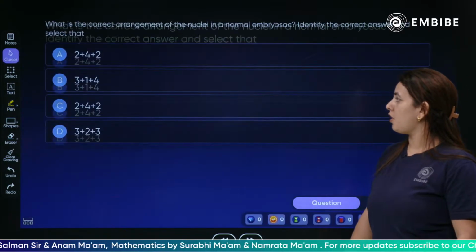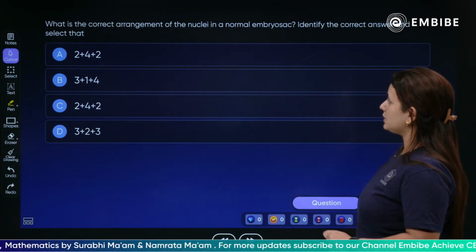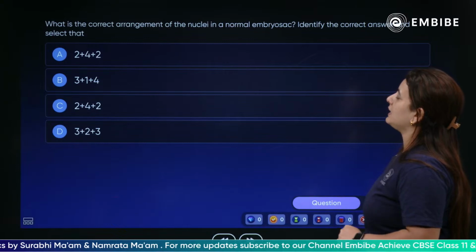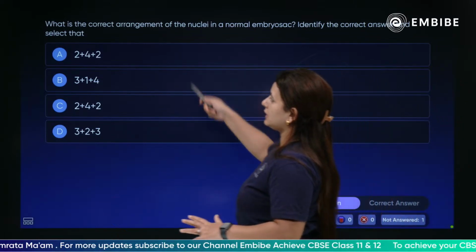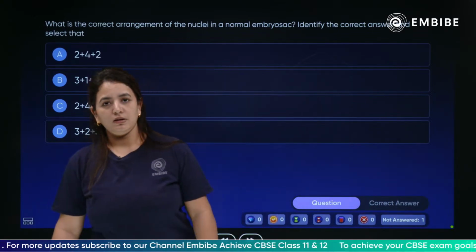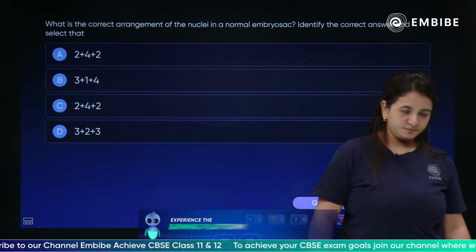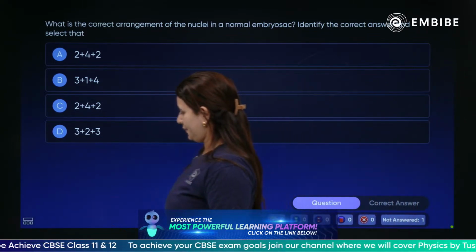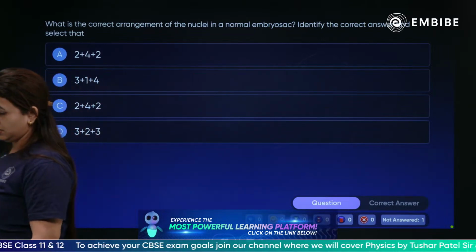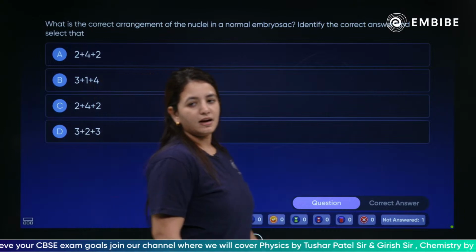Moving forward, children, next we have a question for you, because we have discussed so much. What is the correct arrangement of the nuclei in a normal embryo sac? What do you think was the correct arrangement?